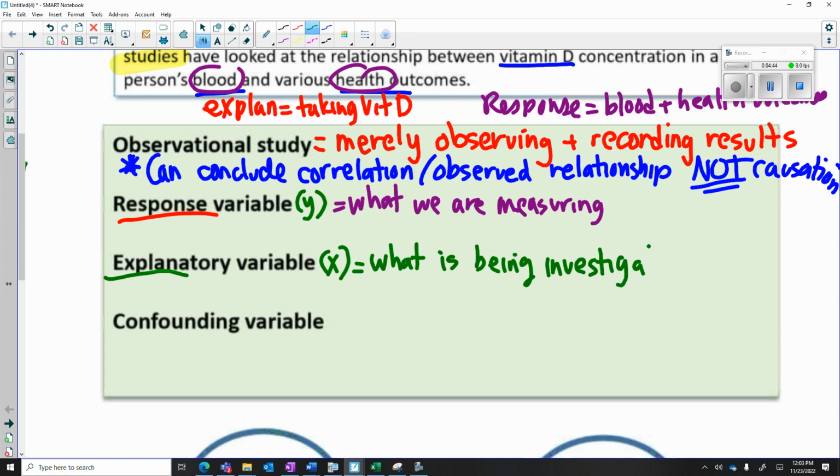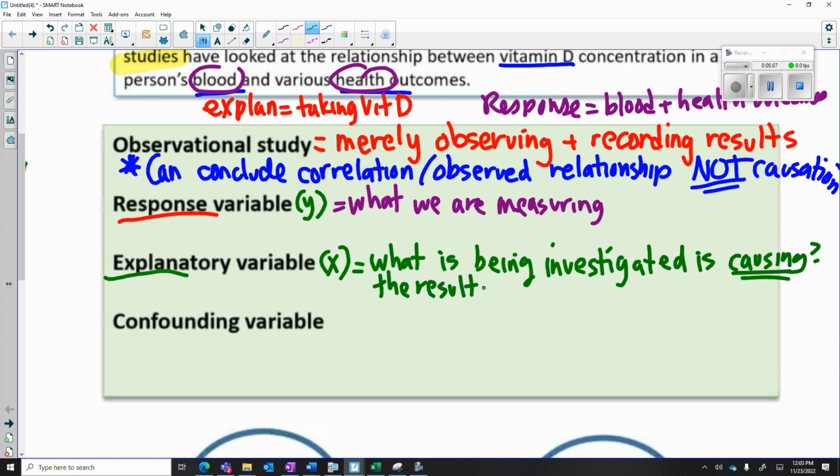I'll say the explanatory variable is what is being investigated. That's not good because that sounds like what we're measuring. It is causing, and let me put a question mark because we can't really establish causation. What is being investigated is causing the result.